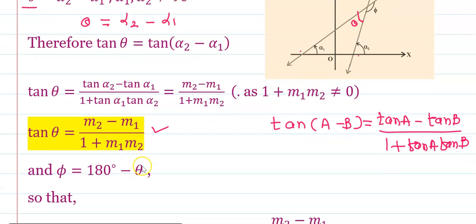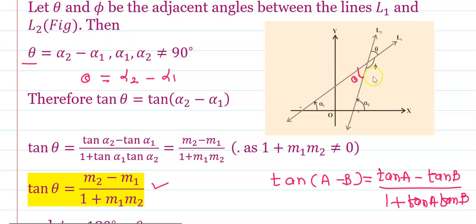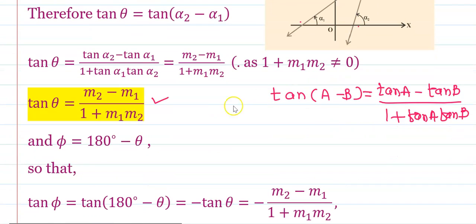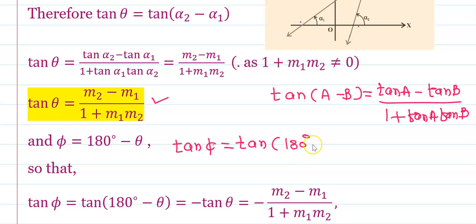Also, when we consider the angle between them to be an obtuse angle, this phi is equal to 180 minus theta. Again, take the tan ratio on both sides, that is tan of phi equals tan of 180 minus theta. Okay.